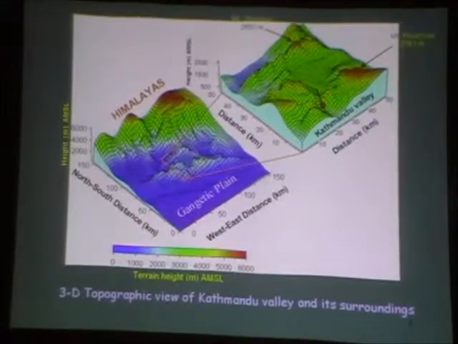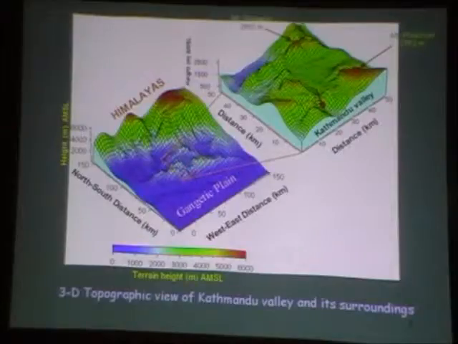Later I will show you that this shows a plateau-basin dual nature. During the daytime, it brings regional air mass up into the valley, and in the night time, it accumulates deep cold air. So during night and daytime, it behaves as a plateau as well as a basin. So this is the Kathmandu Valley.